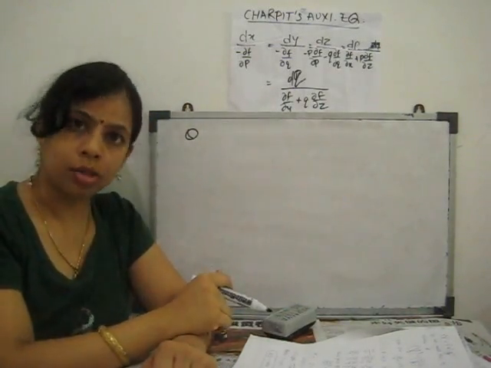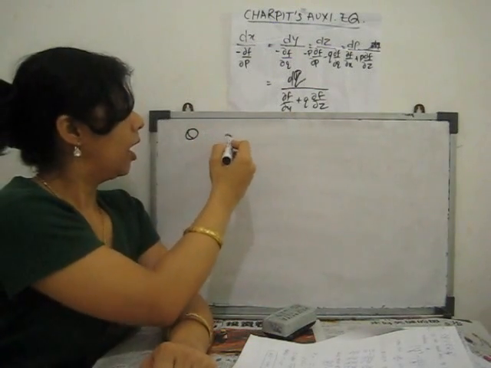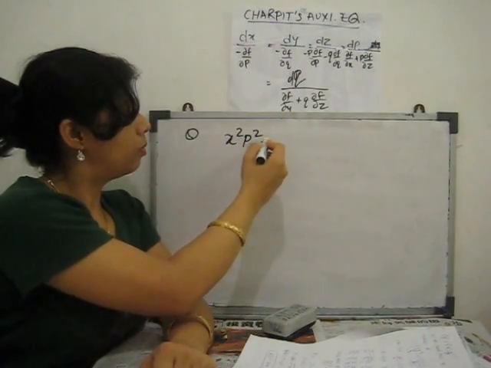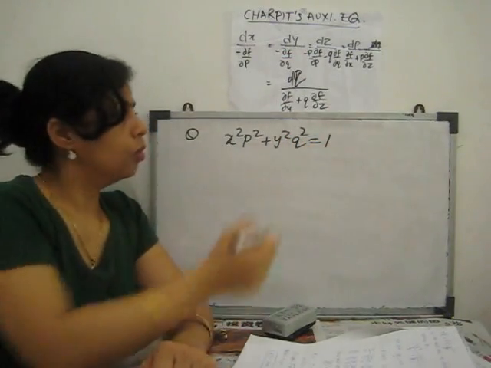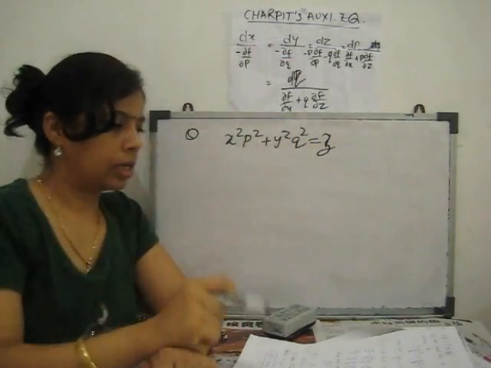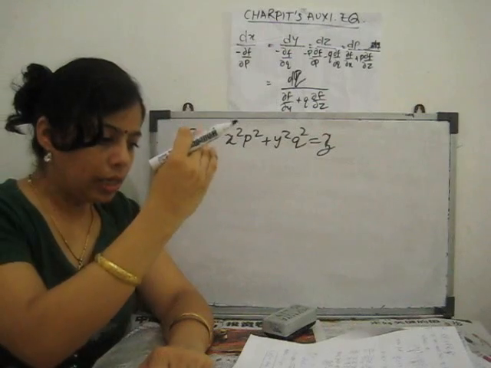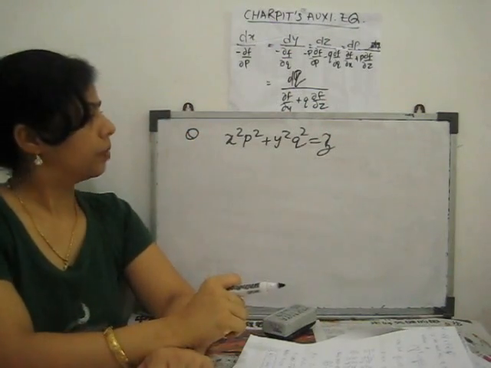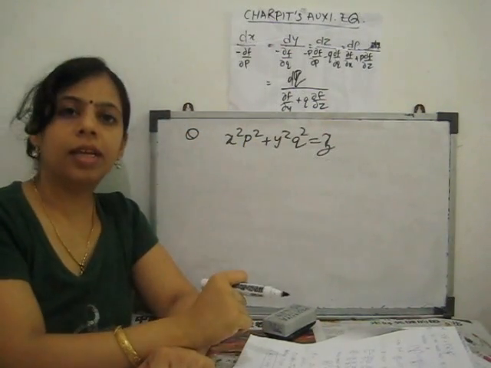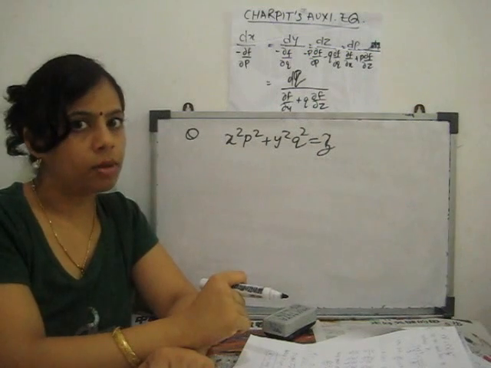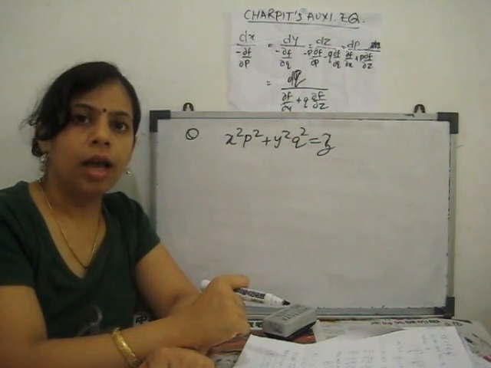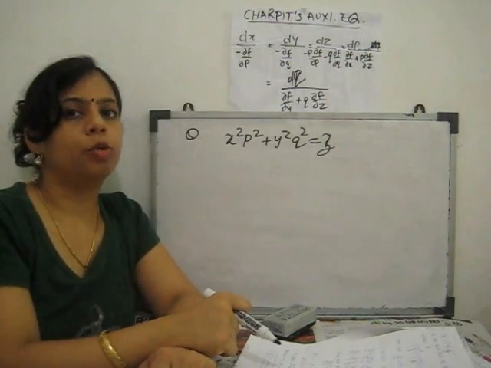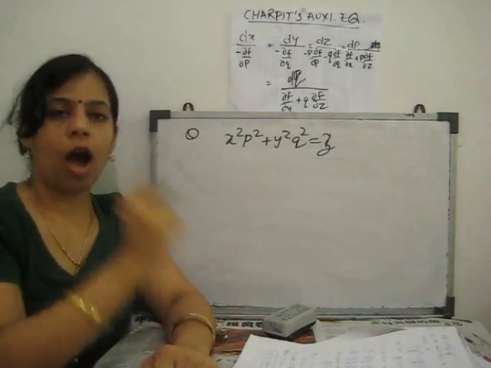One more example on the same form. If we have x square p square plus y square q square equal to z square. Clear? So in this case, everything x, y, z, p, q is available, but we may reduce it by some substitution to only p, q form. Clear? So how do we reduce?